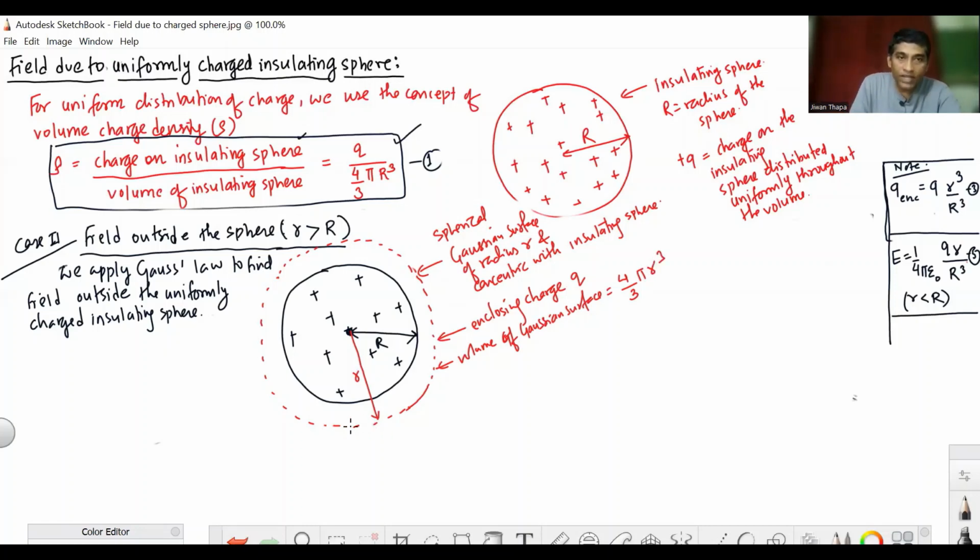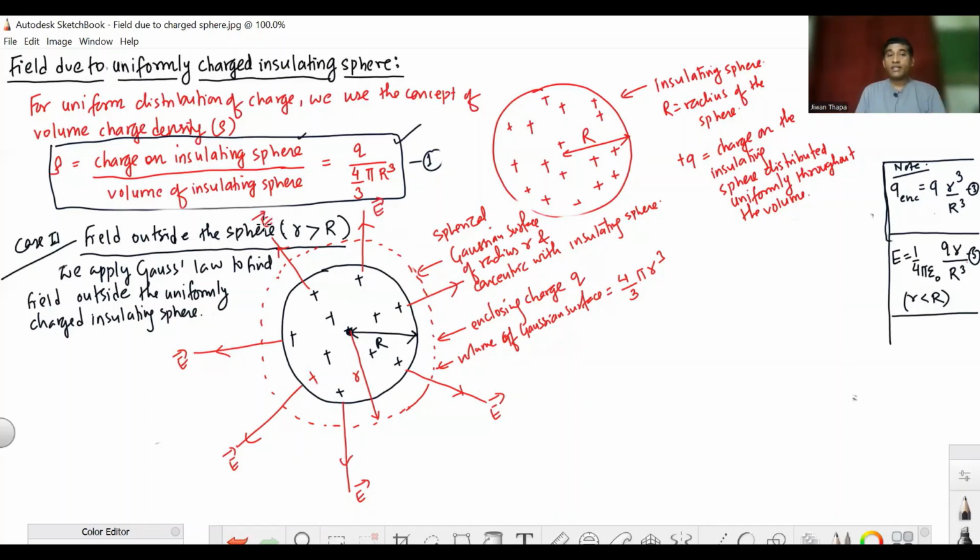Clear? Now what we find is that the electric field is directed radially outward. So the electric field is directed radially outward.